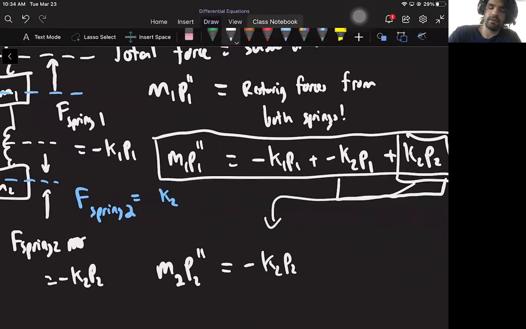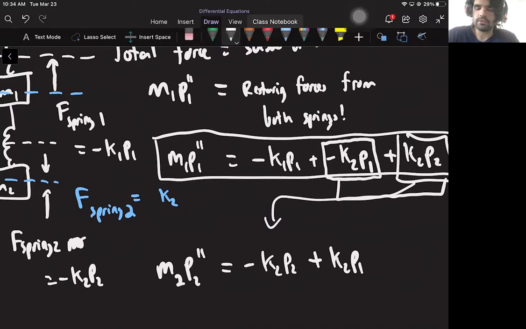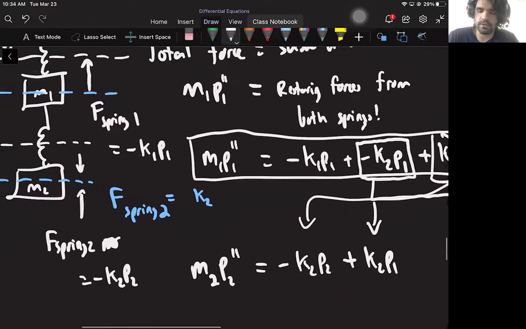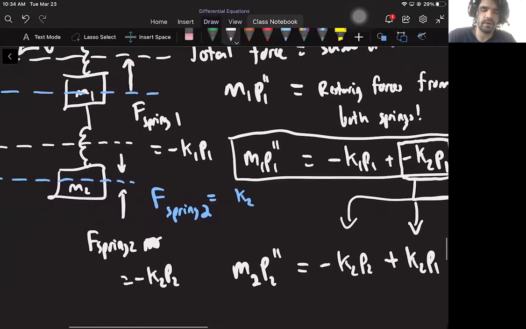And then similarly, the restoring force that's pushing in the opposite direction of motion of mass 1 based on its position is now pushing in the other direction, so it's the opposite sign on mass 2.